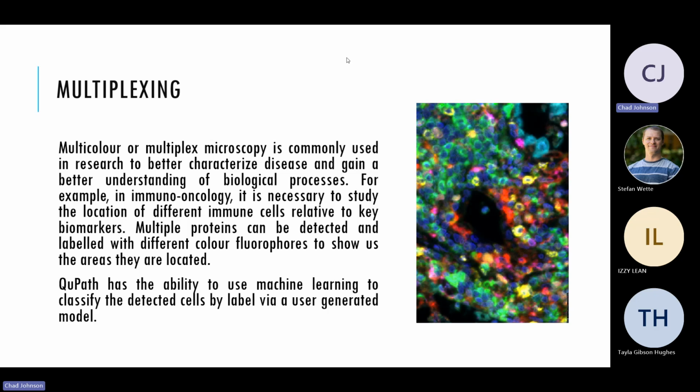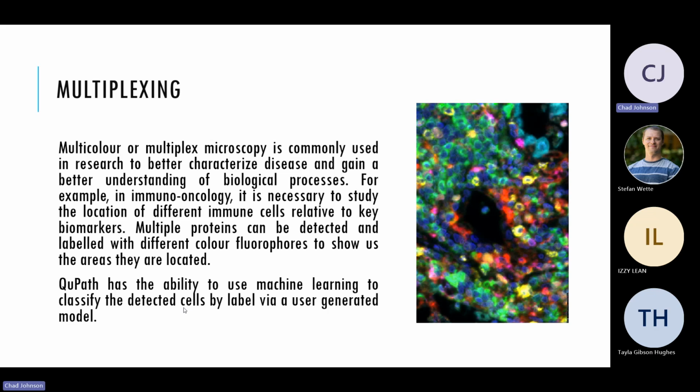Then you can basically use a whole bunch of these different markers to light up the cells that are expressing these markers and then make diagnostic decisions based on what is actually showing up in those tissues.